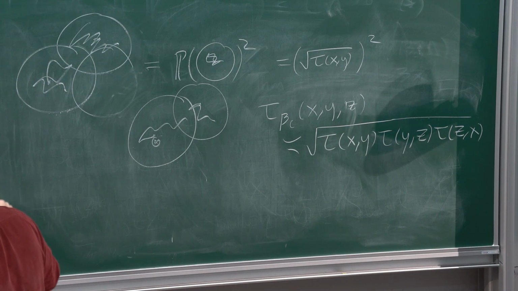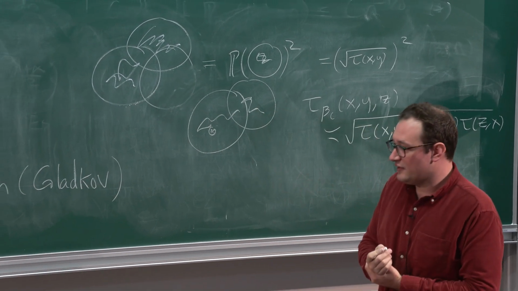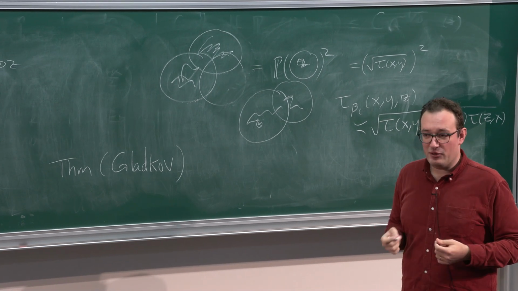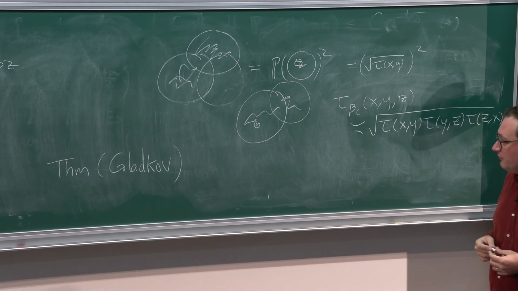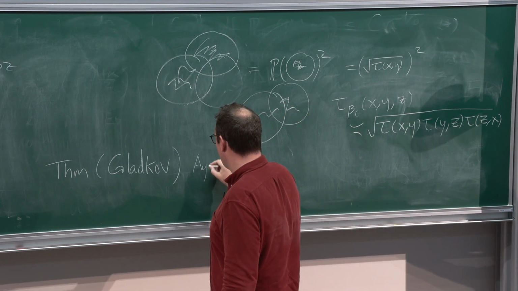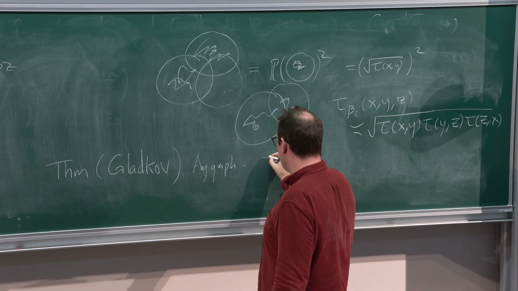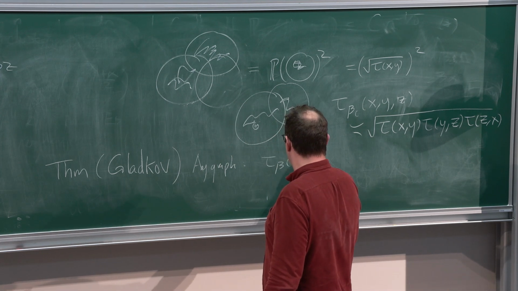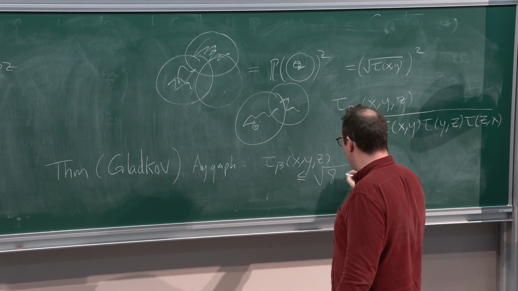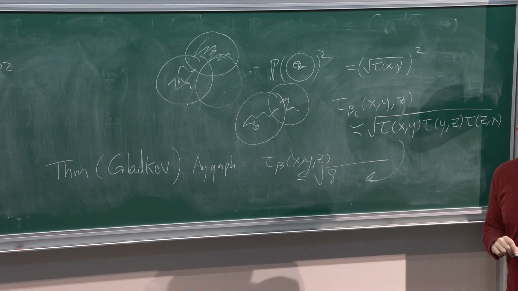Now, the really interesting theorem by Nikita Gladkov, who is a graduate student of Igor Pak at UCLA, and he's going to be a postdoc in Geneva in the autumn, is that for any weighted graph, any 3 points, and any beta, the 3-point function is bounded by the square root of 8 times the product of the three 2-point functions.